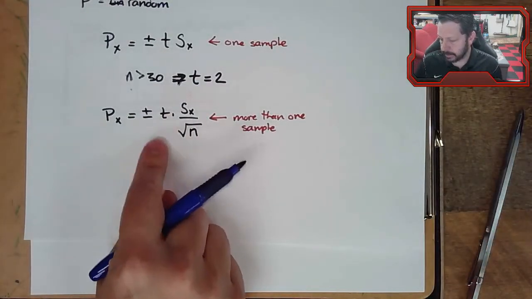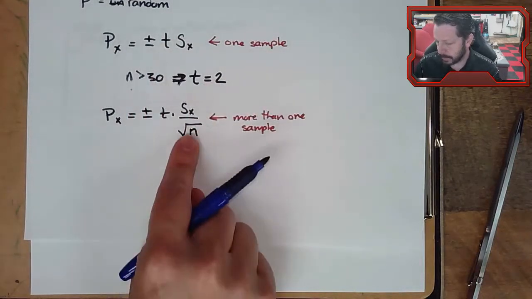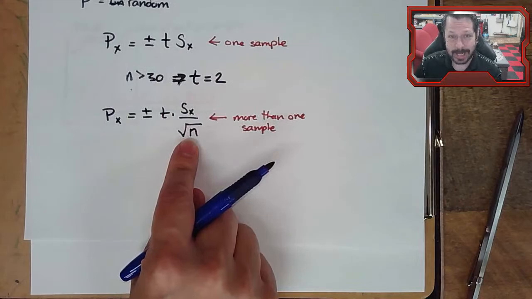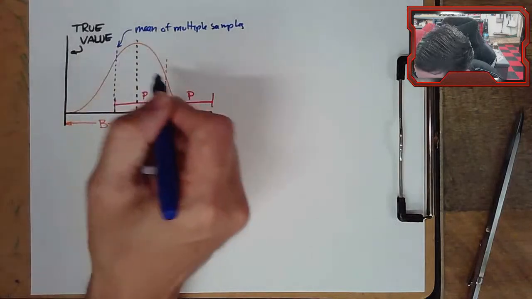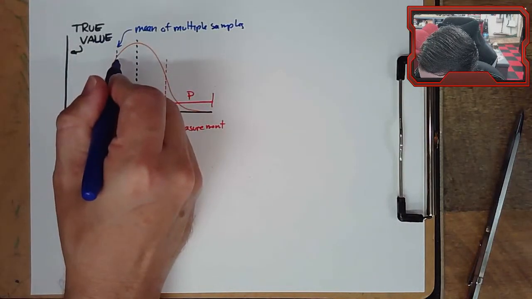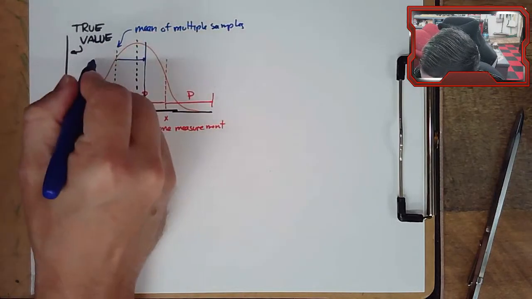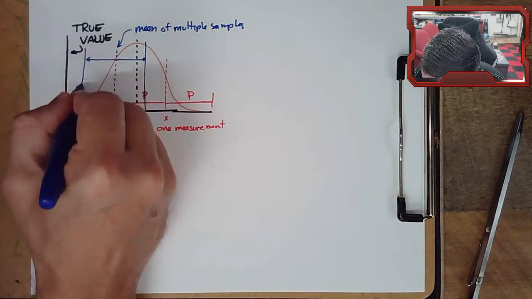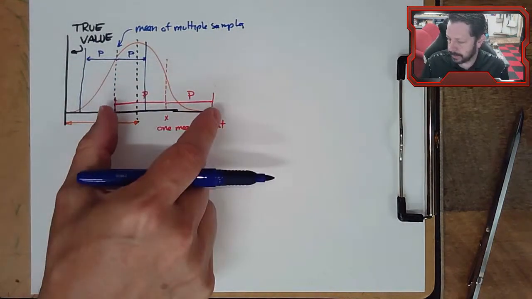They too have an uncertainty associated with them, but it's the same as a single uncertainty, divided by the square root of how many times we took that measurement. So it's smaller. It has the same idea here, except that its range might only be, you know, here to here. So it's a little bit narrower than it is when we only take one.